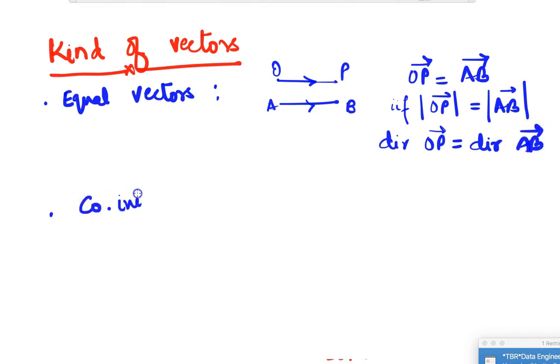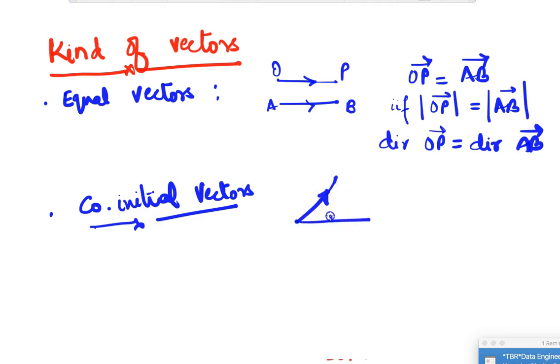So vectors which have the same origin are called co-initial vectors.